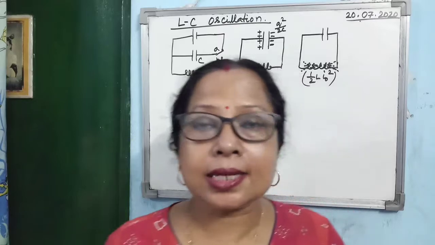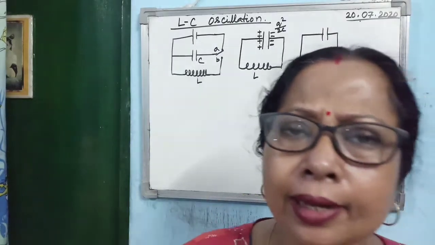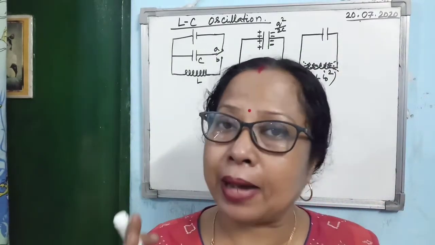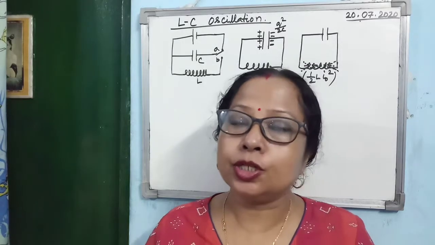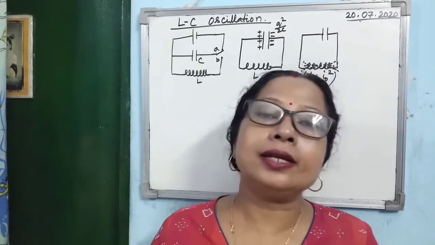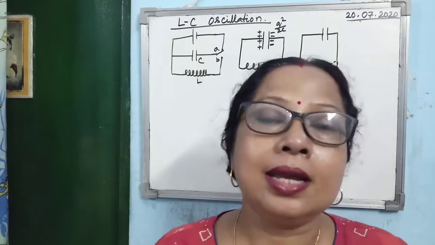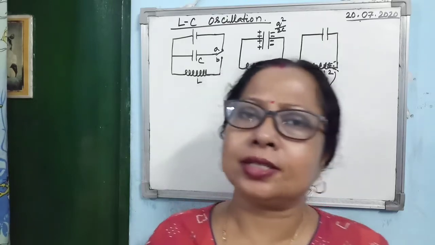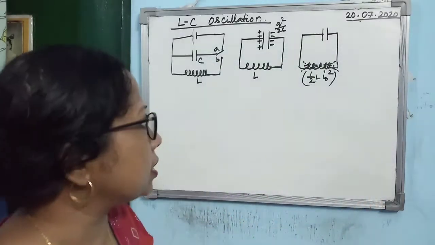What is an LC circuit? When a fully charged capacitor is connected to an inductor, that is known as an LC circuit. Now the LC circuit is very interesting, so try to understand the physics behind it.